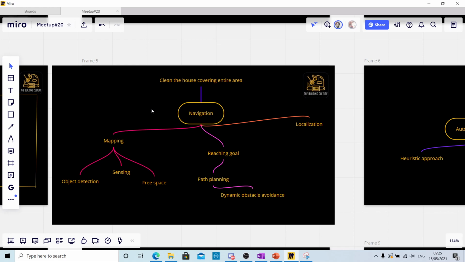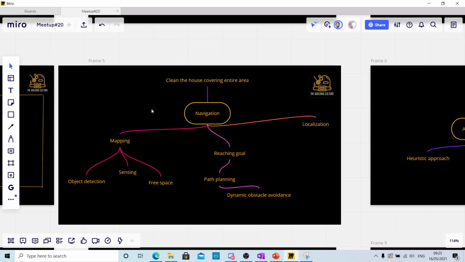And actually also for visual SLAM, they mostly use image-based data and not depth data.